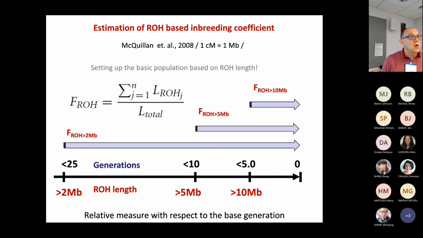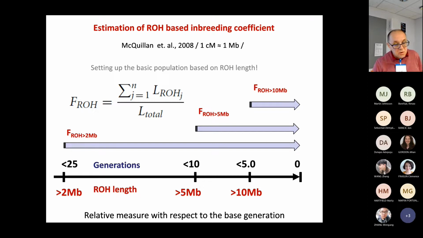Here we can say our founders are exactly where we have the expected ancestor that our segments are coming from. So in a similar way to generations in a pedigree, here we have accumulation of genomic inbreeding since the expected animals that those segments were derived from.